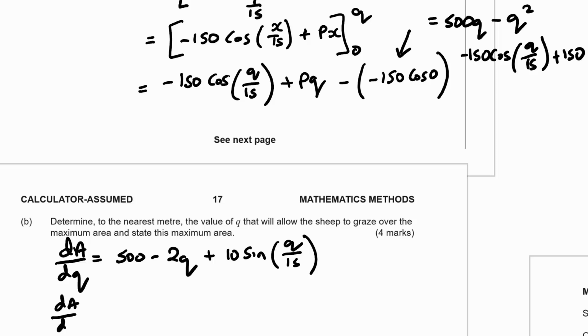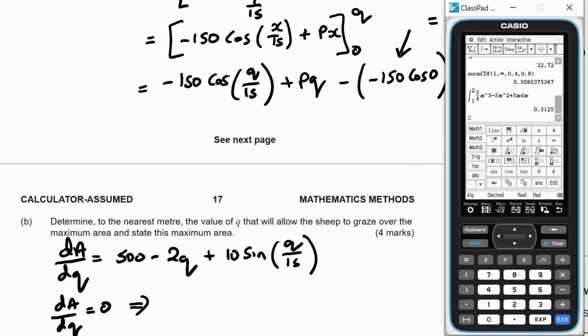So dA dQ equals 0 means, this is where we really do need the calculator. So let's just action, advanced, solve. 0 equals 500 minus 2x plus 10 sine x over 15.